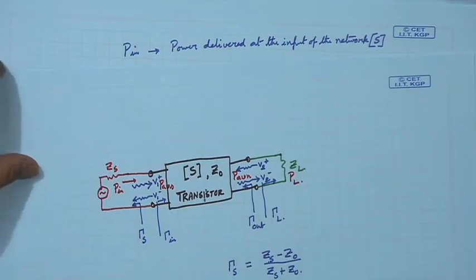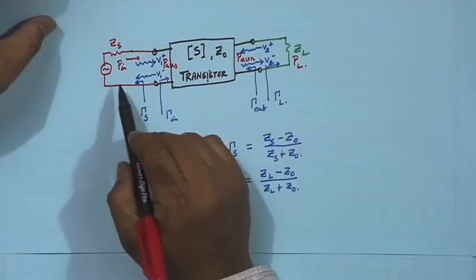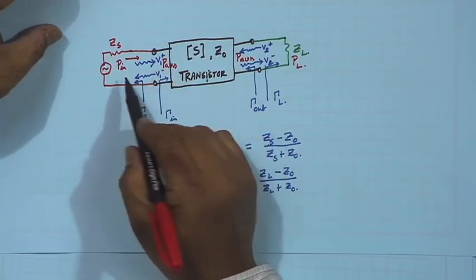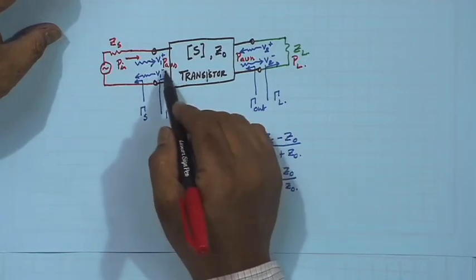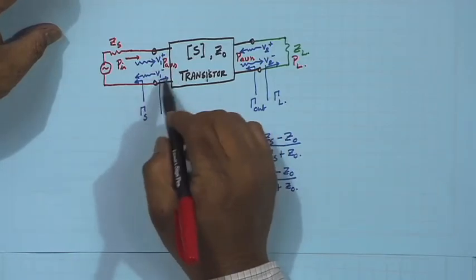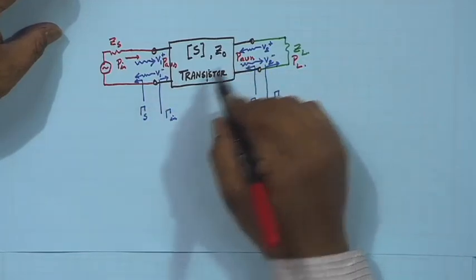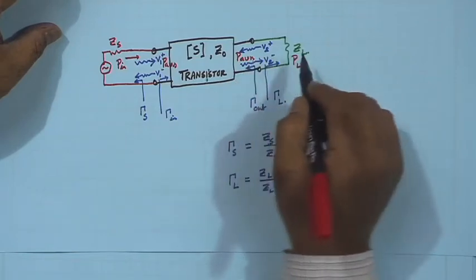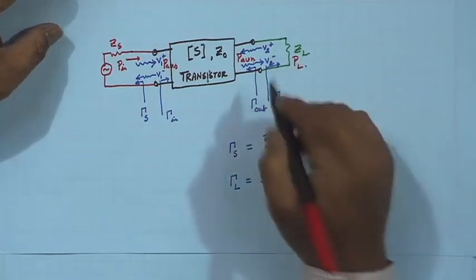So, there are these 4 different powers. If everything is properly matched, that means if I do conjugate matching from the maximum power transfer theorem viewpoint, then whatever P_in it is supplying, that maximum power will come here. Generally for resistive loads that is half of this power, then again due to this impedance level some of that will come here. From that, if I can do maximum power transfer, maximum power will be transferred here.